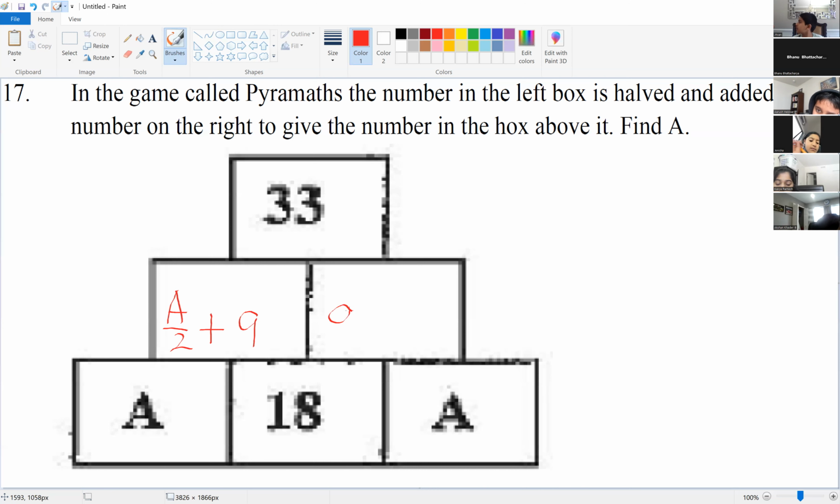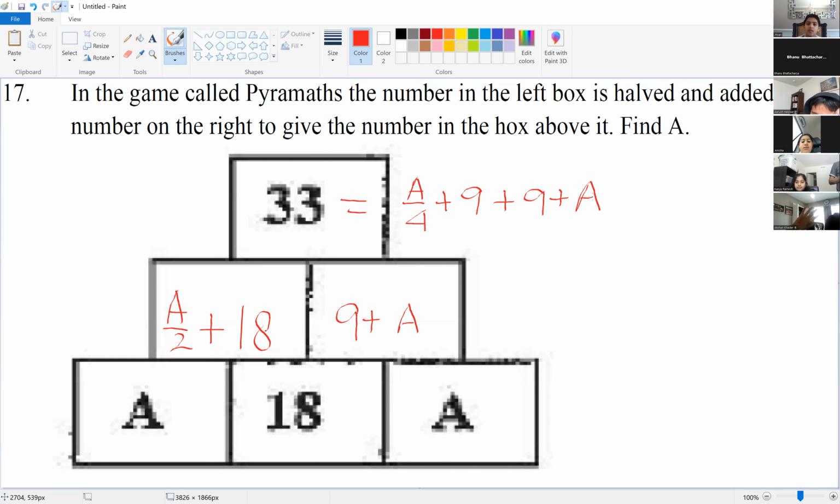Oh, sorry, not 9, 18. And this one would be 9 plus A. Okay, so what would be this box then? Half of this, which is A over 4 plus 9 plus 9 plus A, correct?